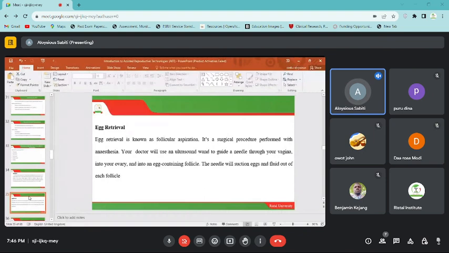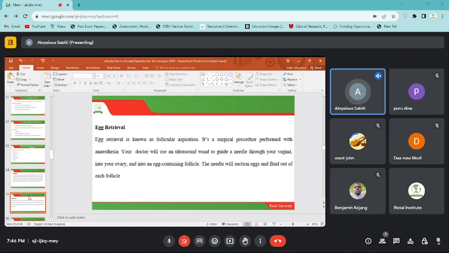And egg retrieval is known as a follicular aspiration, and it is a surgical procedure that is performed with anesthesia. So your doctor will use an ultrasound wand to guide a needle through your vagina into your ovary and into an egg containing follicle, and the needle will suction eggs and fluid out of each follicle.